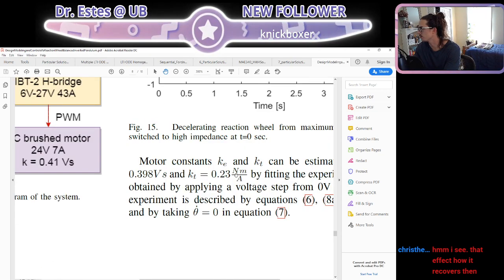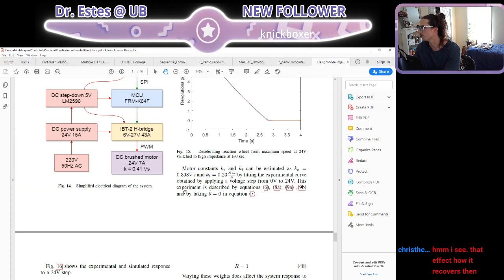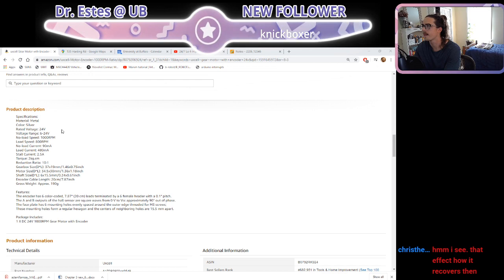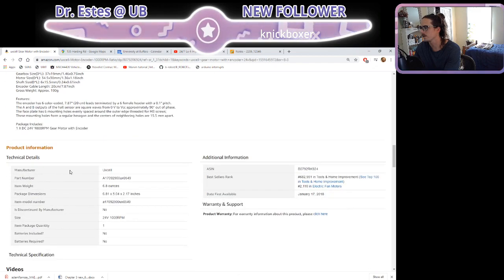That's what their motor was doing. I think the motor you showed me... where is it? Stall current 2.5 amps. 2 kilograms centimeter. I don't know, it's probably fine.